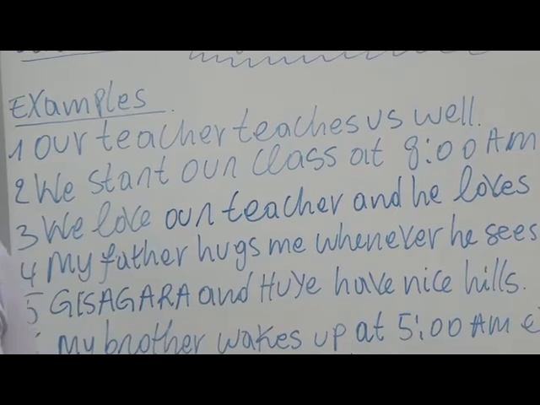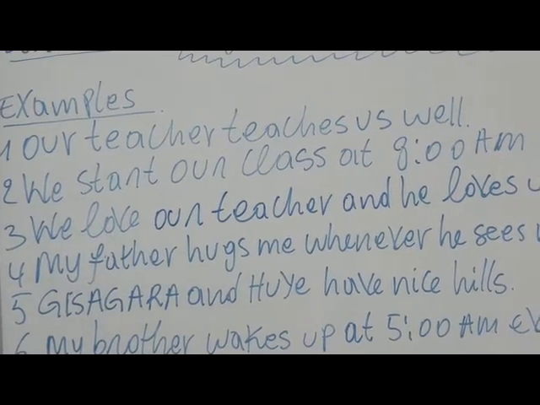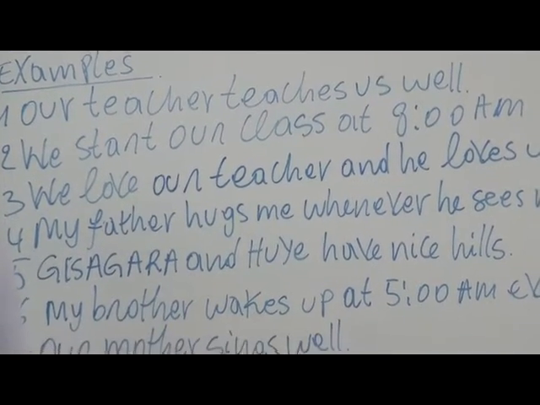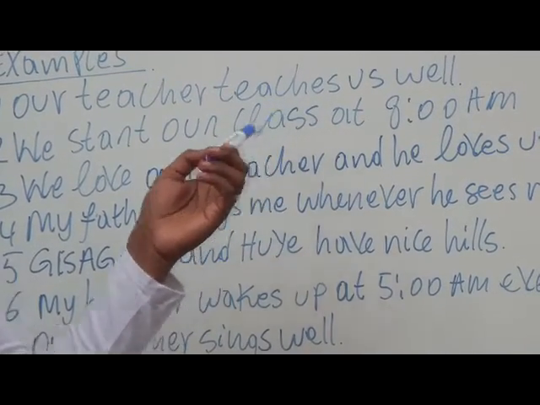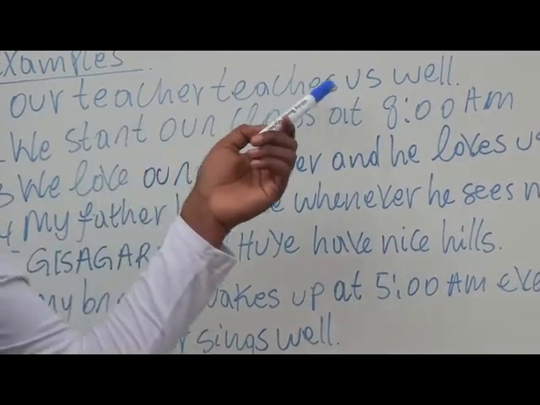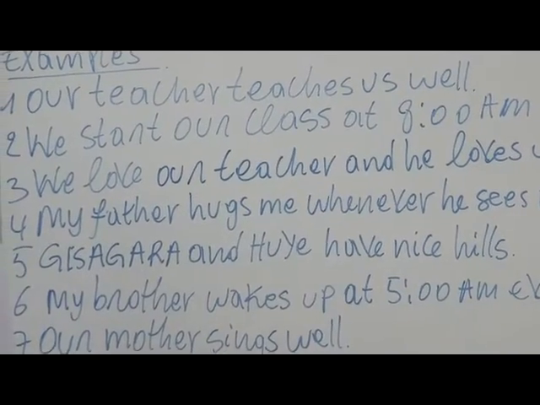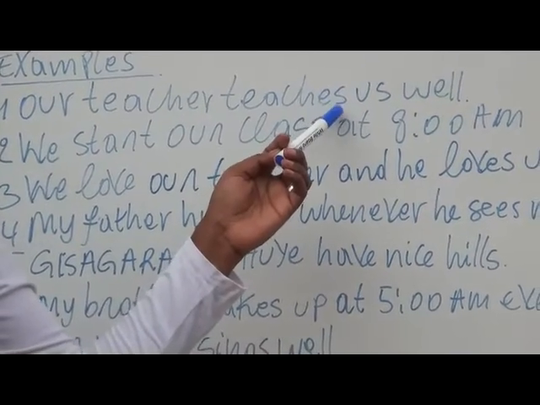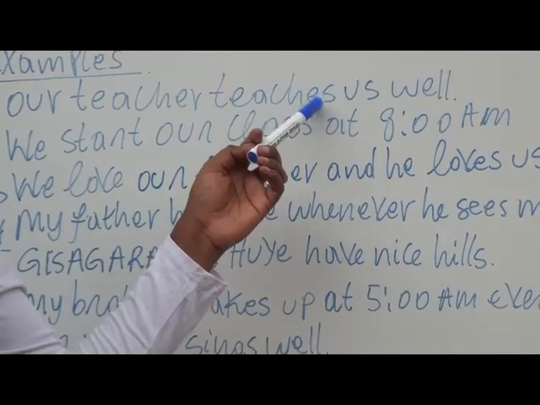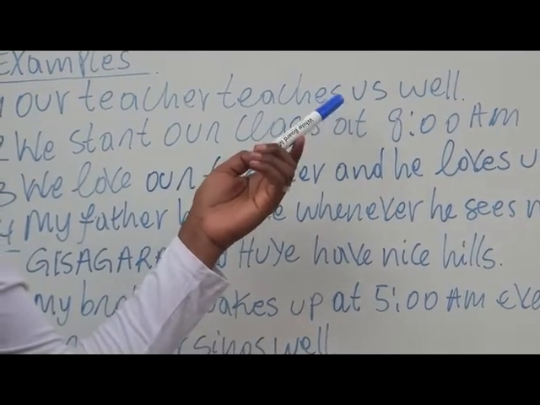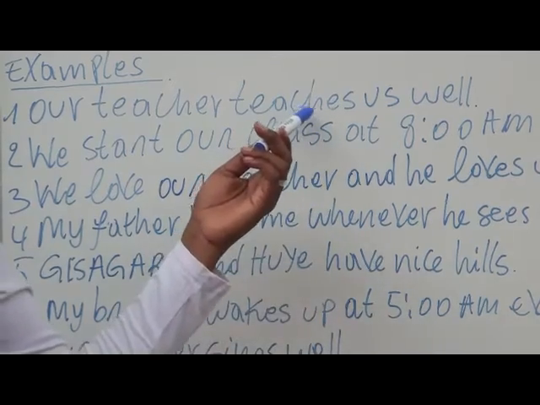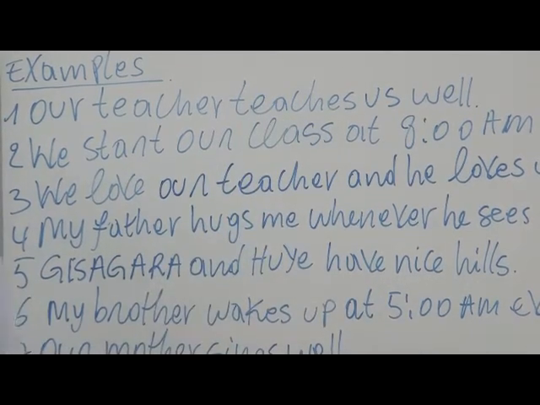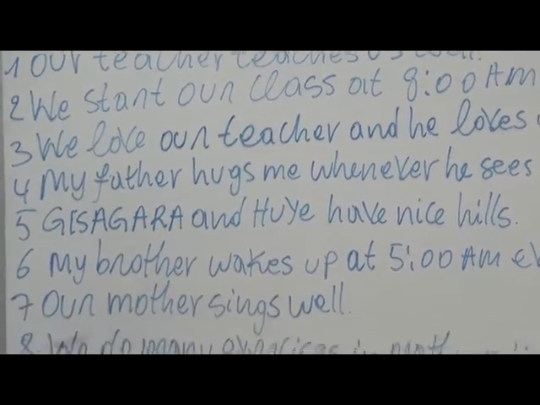The verb conjugated in the simple present here is teaches. You can see S here. This is because it's third person singular and the verb ends in ch, but we'll see it in detail after this.